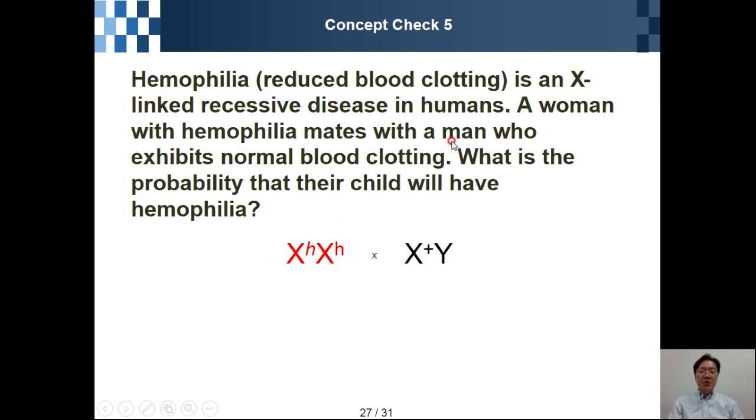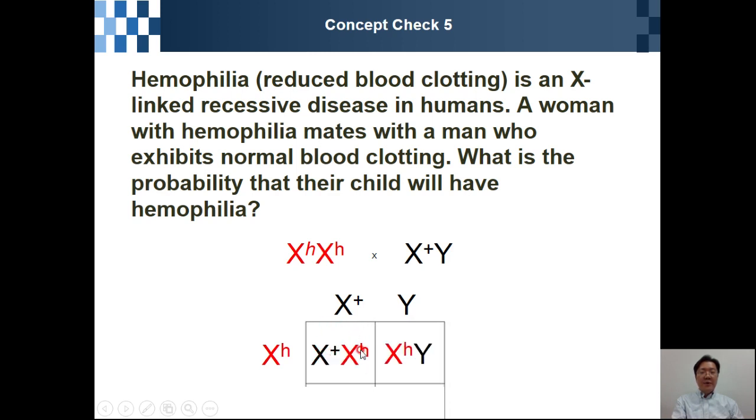The male shows normal blood clotting, so he is X plus Y. In the Punnett square, the female makes eggs with X^H, and the male makes sperm with X plus and Y. X plus X^H is a female with normal blood clotting.